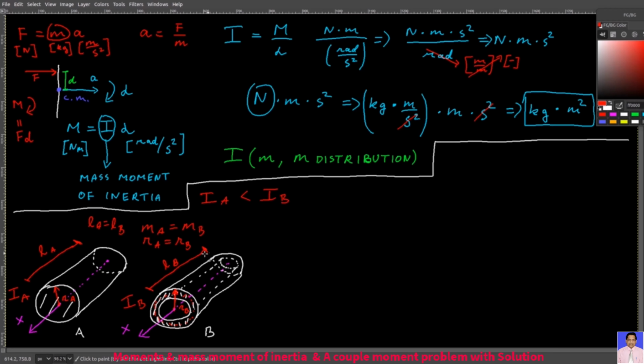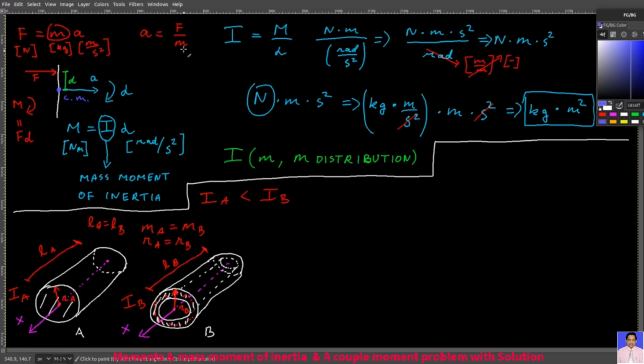And that's because even though both of them have the same mass, mA equals mB, but in case of B, all this mass is concentrated further away from this x-axis.